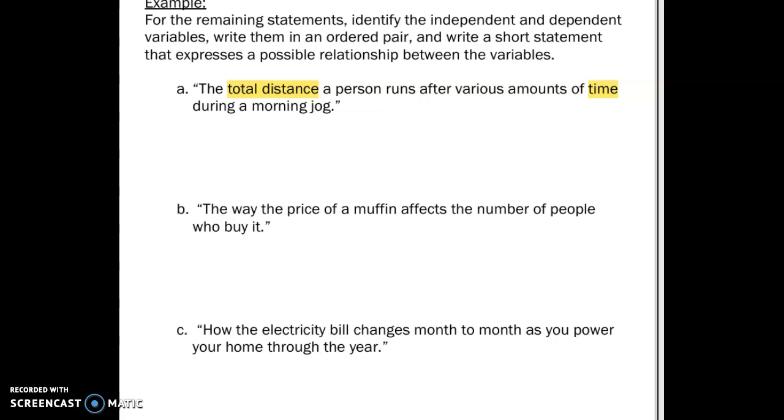So when we think about this, the time that you spend running will cause your distance to either increase or decrease.